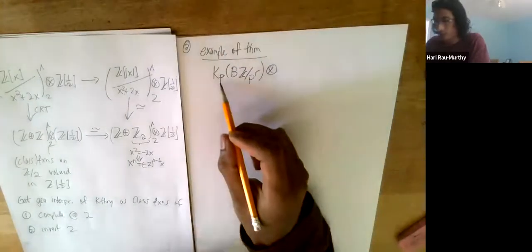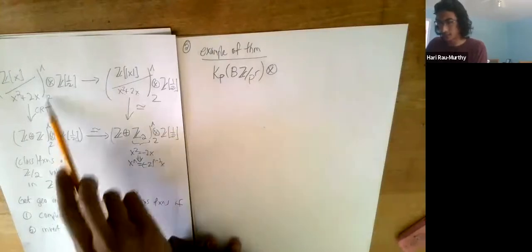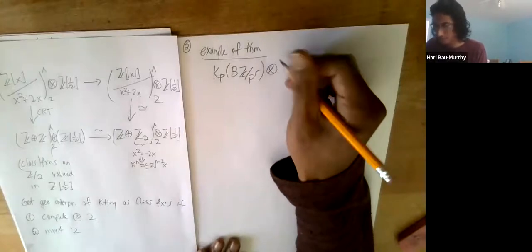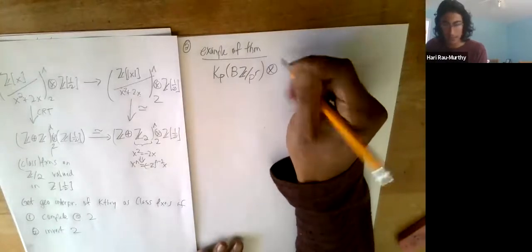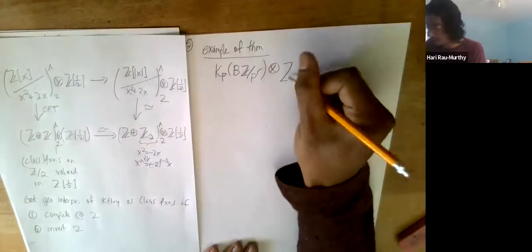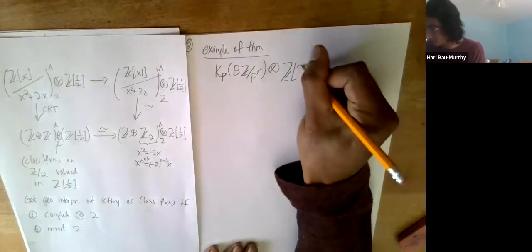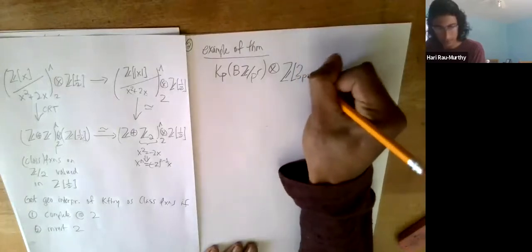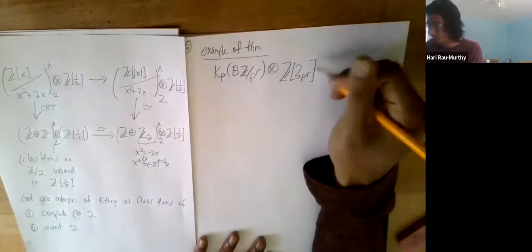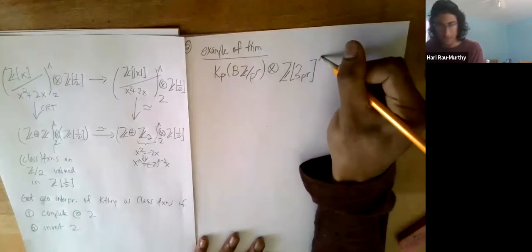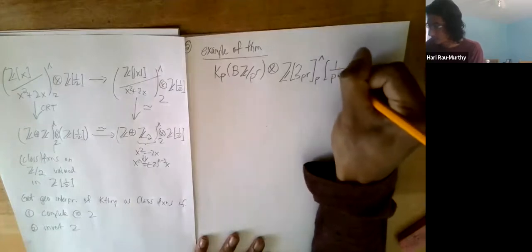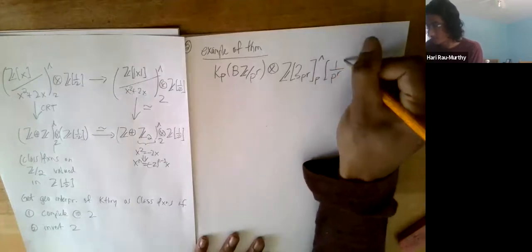So I wanted to complete at the prime p to get these isomorphisms over here, and I want my evaluation maps that I had in the Chinese remainder theorem to be there. So I adjoin the roots of unity. And I want the Chinese remainder theorem to be an isomorphism, so I invert the prime p.